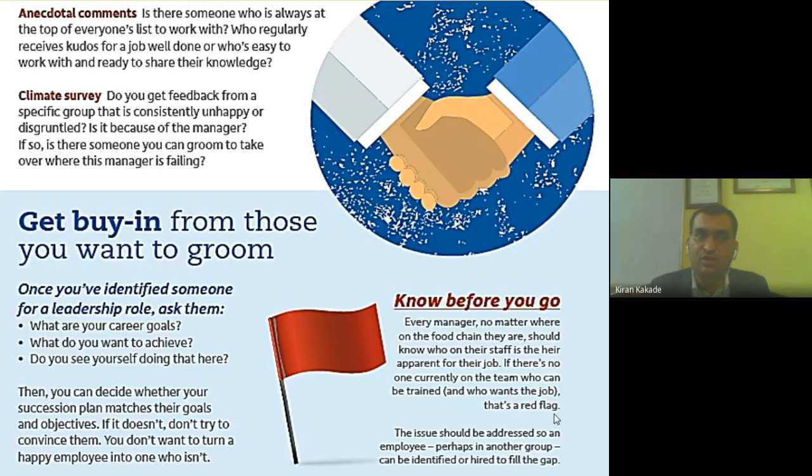If he doesn't know who are the potential employees in his team, then he's not fulfilling his managerial duties in an effective way. He must know who are the potential candidates within his team. The issue should be addressed so an employee perhaps in another group can be identified for hire to fill the gap.